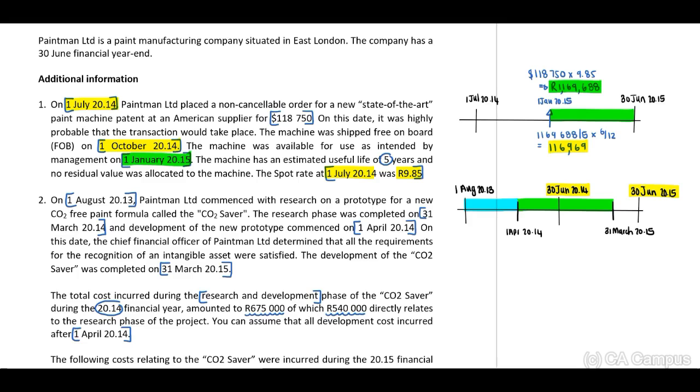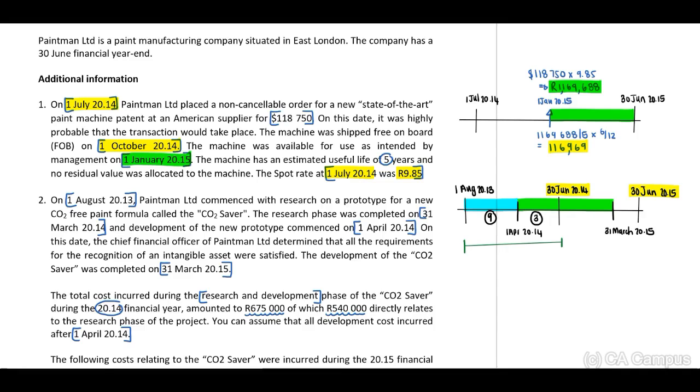Now guys, for our 2014 year end, this will be the period from 1 August 2013 till 30 June 2014. Okay, therefore August, September, October, November, December, January, February, March, April will be a period of 9 months. April, May, June will be for a period of 3 months.